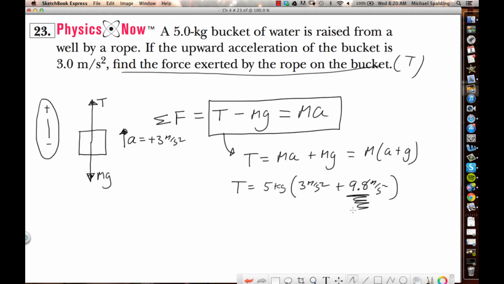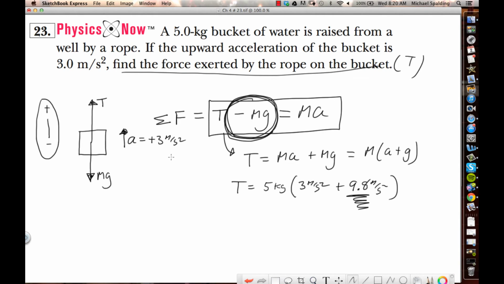This is a point of confusion for a lot of students. Kids will say, like, I thought you said gravity is negative. And I'm like, it is negative. But look, right here. What did we call mg up here? Did we call it plus mg or minus mg? Minus mg. So we've already put gravity as being down into the problem.